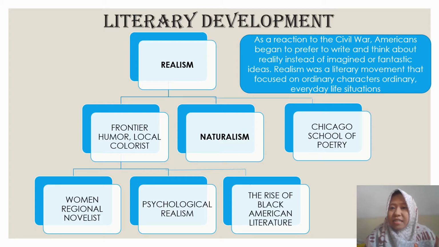Realism was a literary movement that focused on ordinary characters' lives and everyday life situations. Some works of realism portray everyday reality, depictions of the regions, social problems, social protests, or issues related to the region.